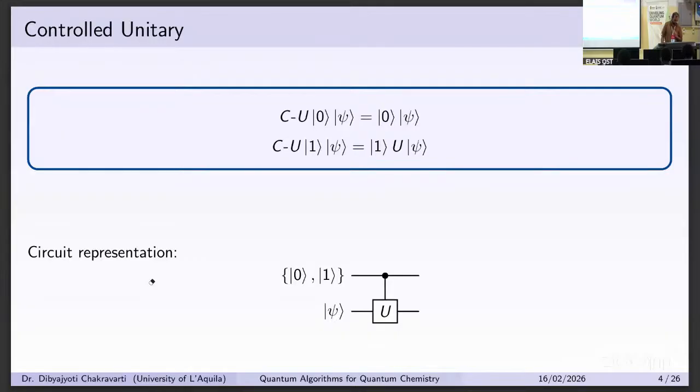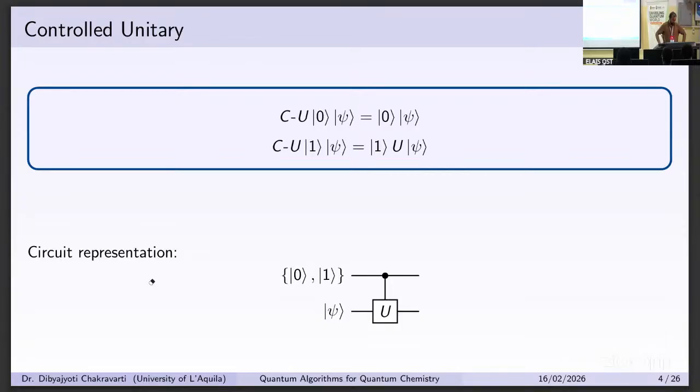So now that we have understood the properties of a unitary operator and its eigenstate, which is psi, let's look at another concept needed for quantum phase estimation, which is a control unitary. You've already learned about controlled logic gates, I guess, in the introduction to quantum computing.